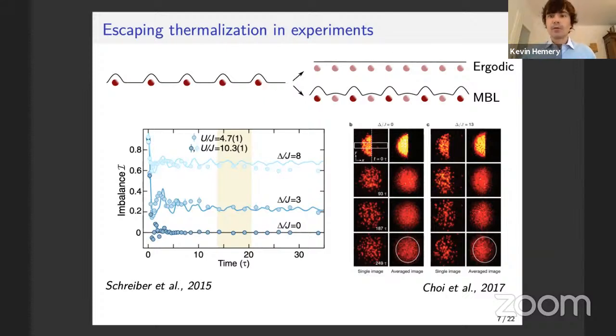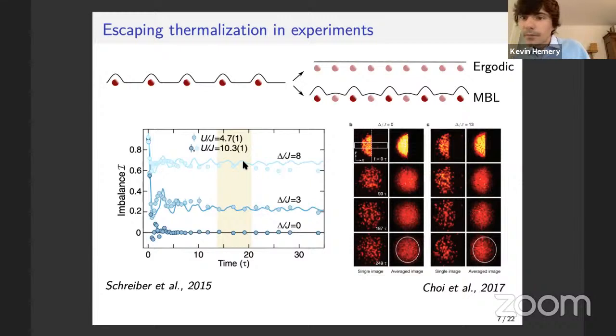Now when you do the time evolution, if you are in the ergodic regime, you obtain a uniform density. On the opposite, if you are in the MBL regime, you have an uneven density, with a peak of density on the odd sites and low density on the even sites. This is because the system keeps the local information about the initial state, which is completely non-thermal behavior. And this is measured.